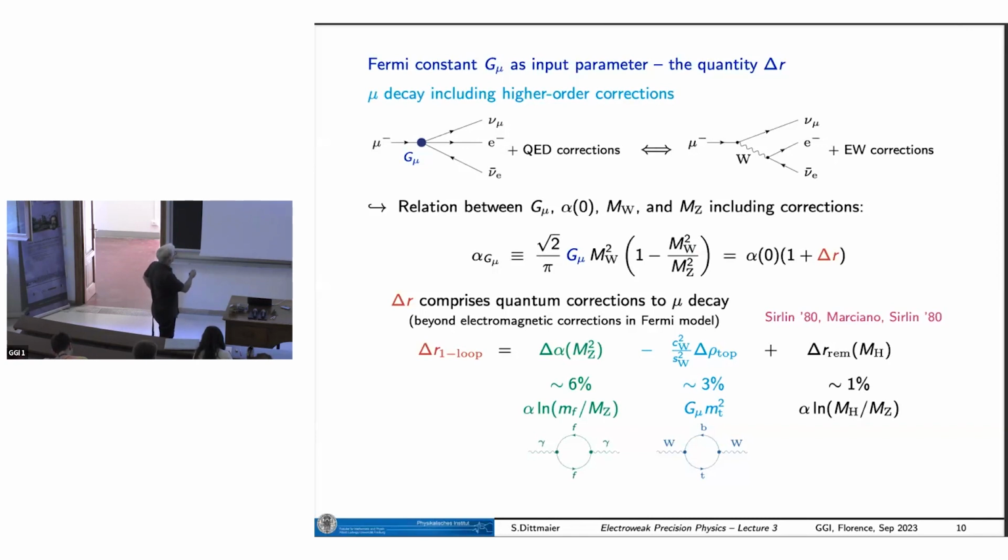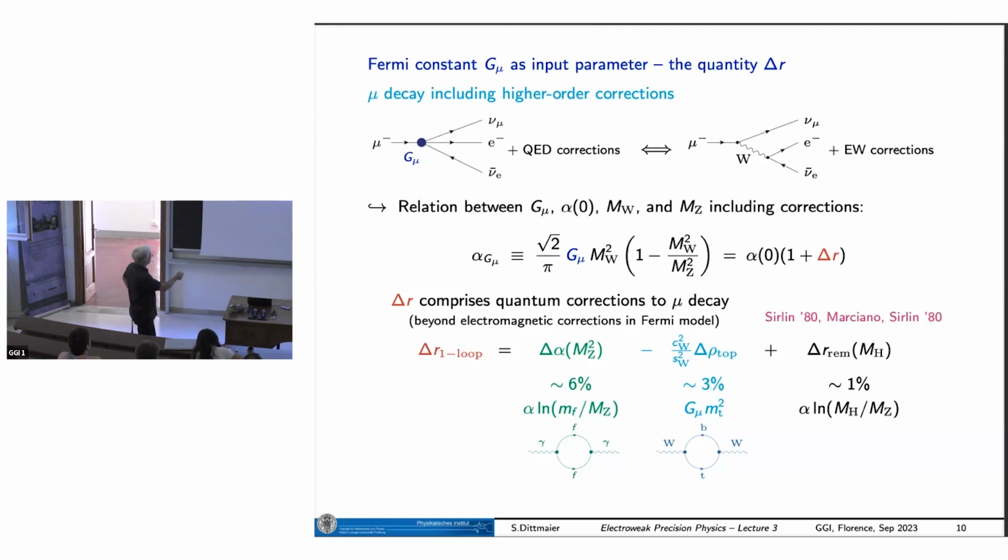Actually, if it comes to the determination or the definition of this Fermi constant, what you do is you calculate in the Fermi model plus QED corrections, meaning photon emission, and in the full model you have your leading order prediction plus all electroweak corrections, including also photon emission. So if you just set the two predictions equal, you can write this equality in this way here.